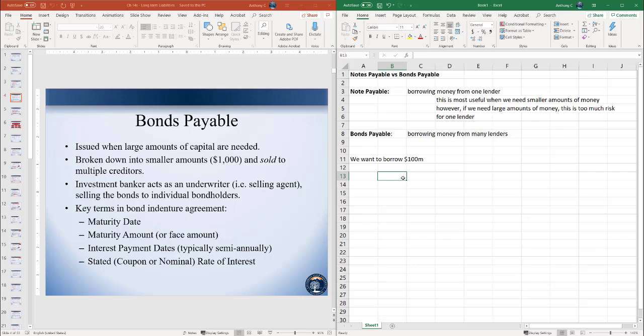Generally how a bonds payable works is bonds are just like certificates sold in smaller amounts. So in other words, instead of borrowing $100 million from one person, we could split the $100 million into these small little $1,000 loans, for example.